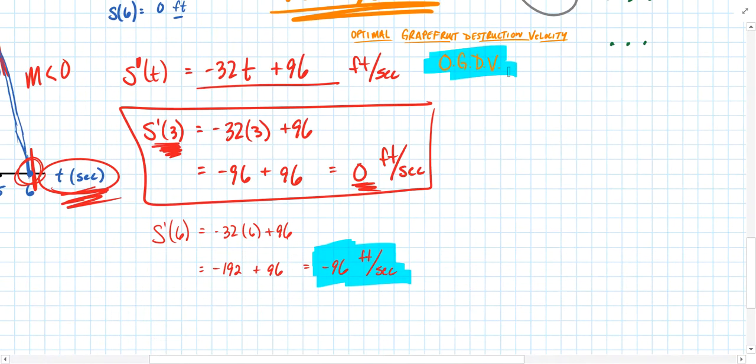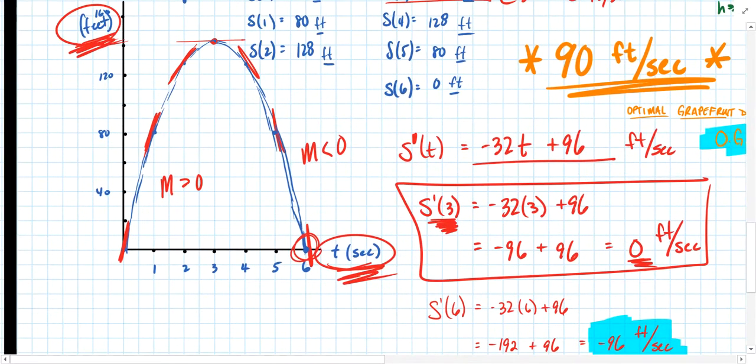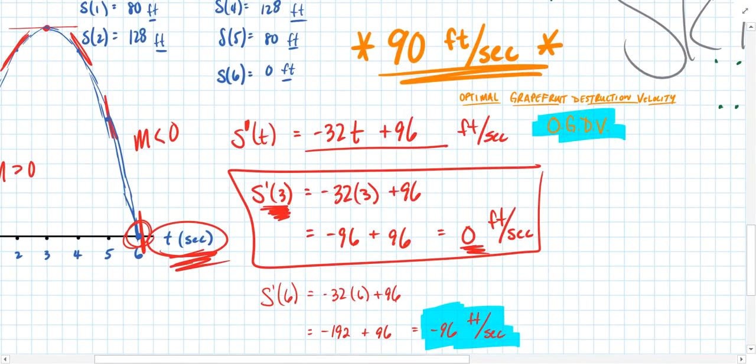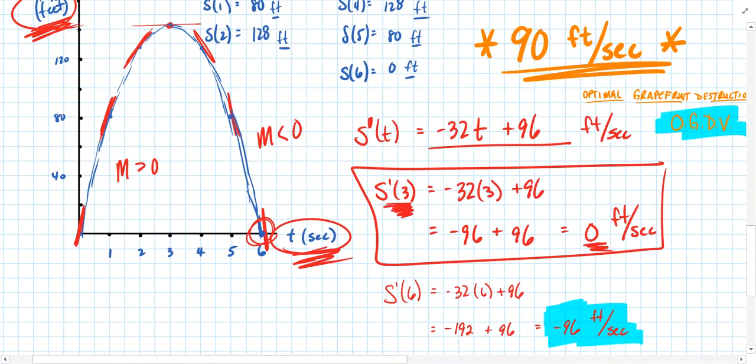So it is safe to say that if we put a grapefruit in this contraption to throw it in the air and let it fall to hit the ground, then yes, it will reach optimal grapefruit destruction velocity, and we will completely obliterate that grapefruit, which is a good thing.